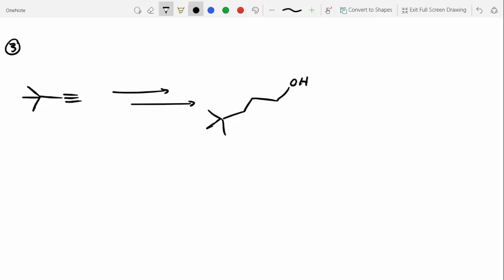Let's try to figure out how to get from this alkyne to this alcohol. And I'll give you guys a hint too. You can use other sources of carbon. Epoxides are a really good source of carbon.